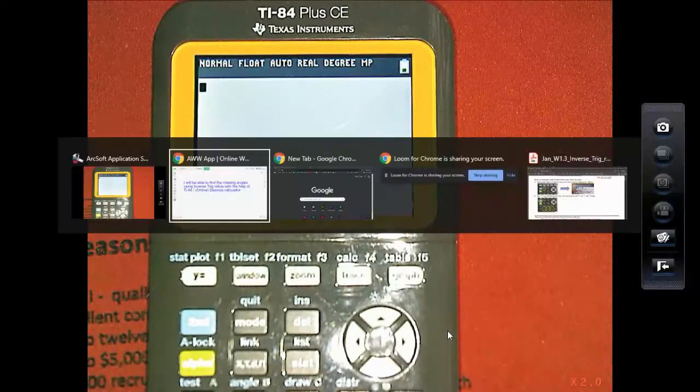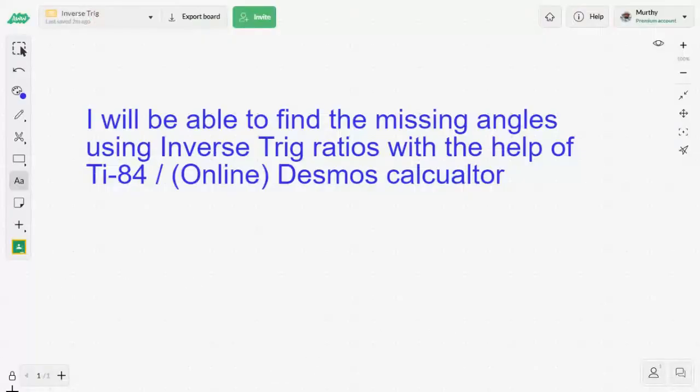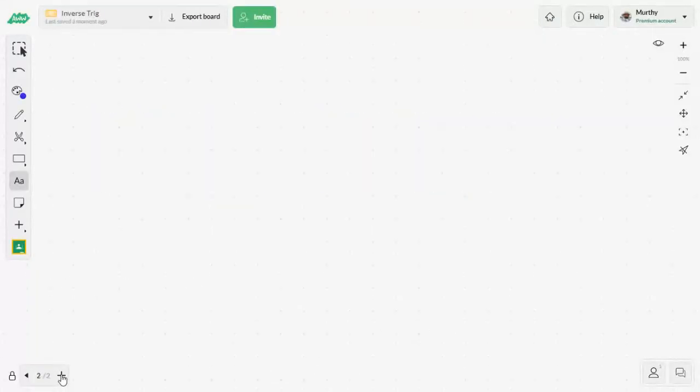And next, let's go to the whiteboard, and here let me give you a scenario. Say that a right angle triangle is given. In the previous class, we discussed how to find the missing sides. So let me quickly take one example.